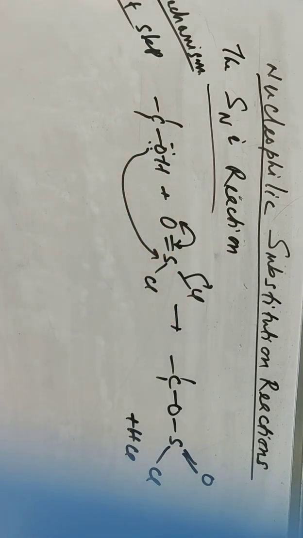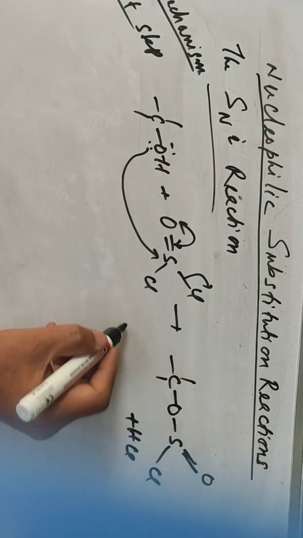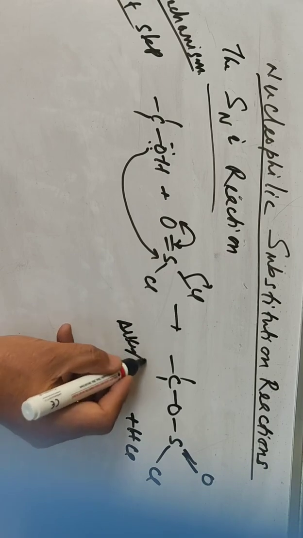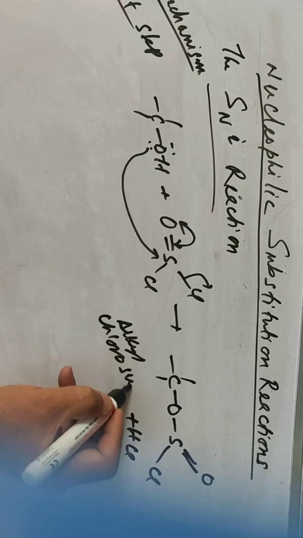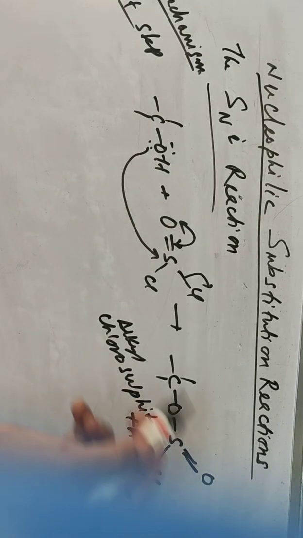This is the first step, the formation of the alkyl chlorosulfite. This is the intermediate.